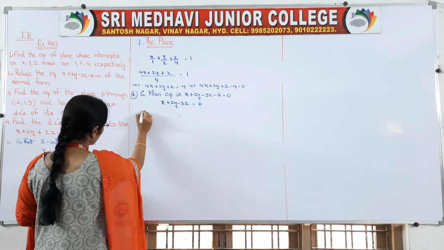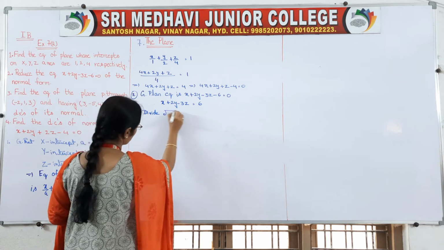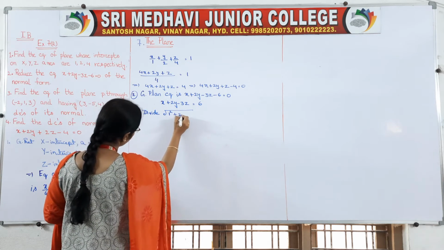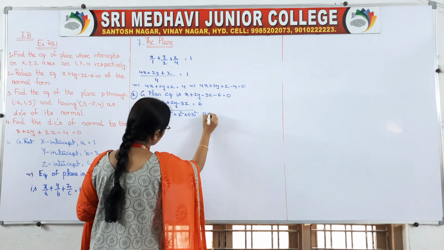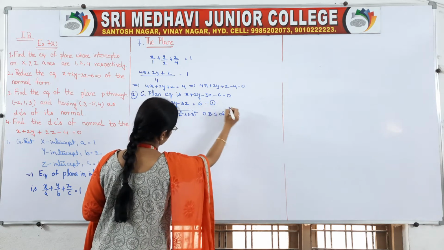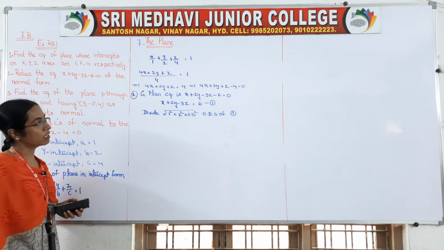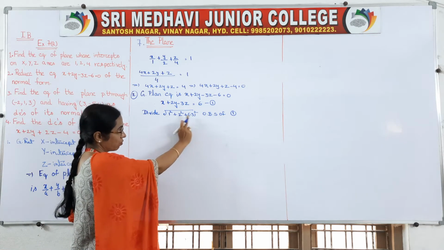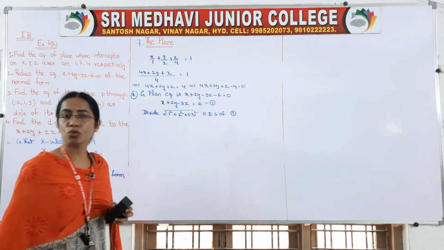Now you have to divide both sides by the square root of x coefficient whole square, y coefficient whole square, z coefficient whole square, which is root of 1 square plus 2 square plus 3 square. 1 square is 1, 2 square is 4, 3 square is 9. 9 plus 1 is 10, 10 plus 4 is 14, so root 14.